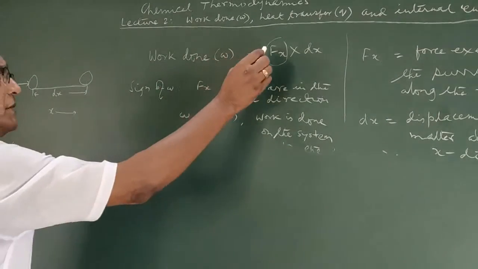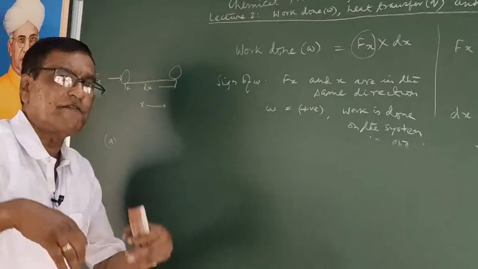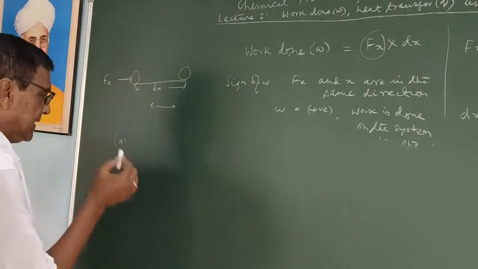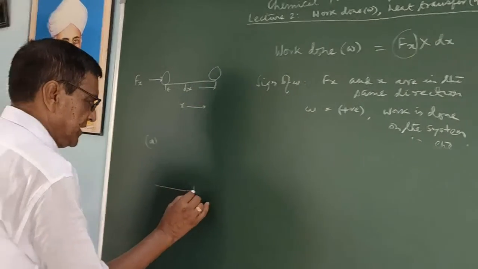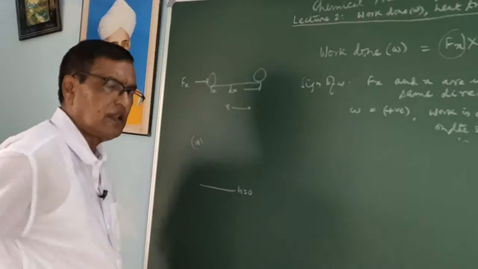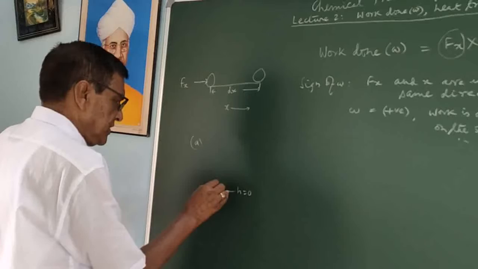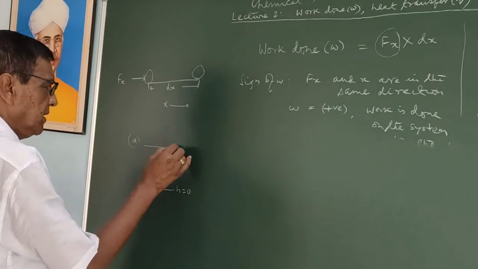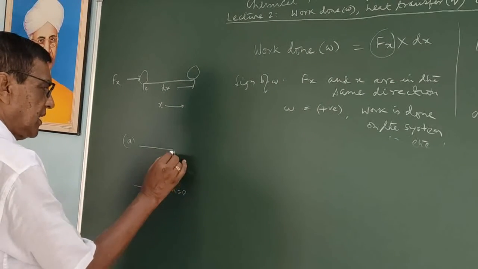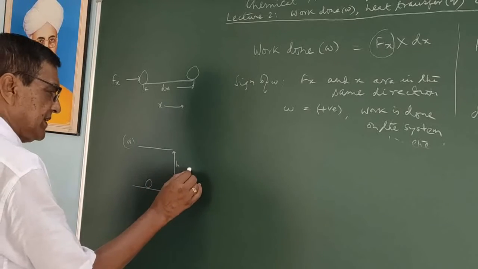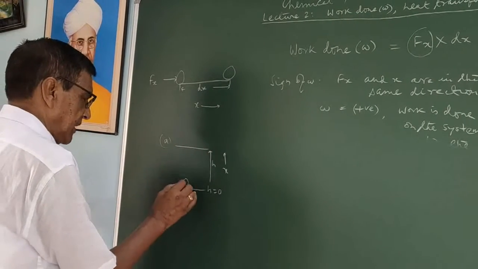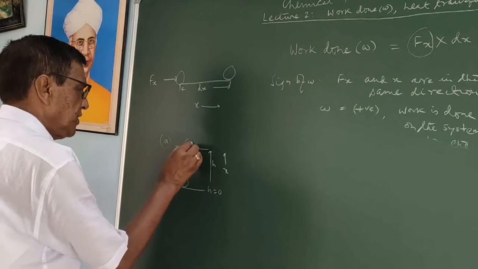Depending on the type of the force, if Fx is the gravitational force, then suppose this is h equal to 0, the ground level, and here some body is there and it is moving to this height h, meaning x is increasing, and here this body rests.